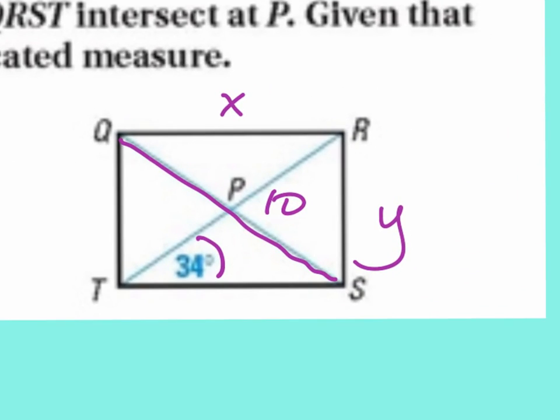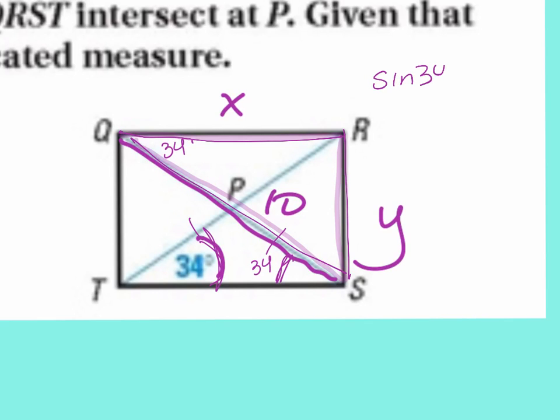What I know is that if this is 34, this one is also 34, because these are isosceles, yes? You with me so far? And then this is 34. So you can set up this triangle here. 10 is the hypotenuse. X is adjacent. Y is opposite. So I can say the sine of 34 is y over 10. And the cosine of 34 is x over 10.